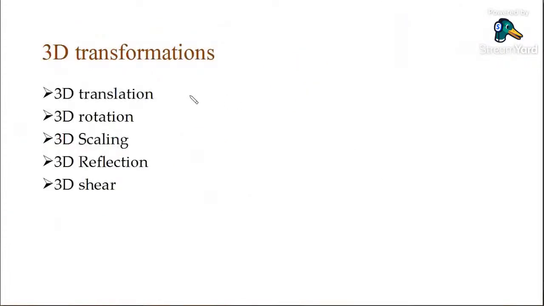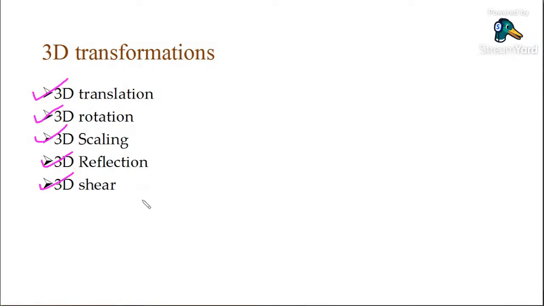Now, in case of three dimensions, we will extend the same concept ahead. The only change is that there are three axes: x, y, and z. So in 3D transformation, there are different types of transformations like 3D translation, 3D rotation, 3D scaling, 3D reflection, and 3D shear.